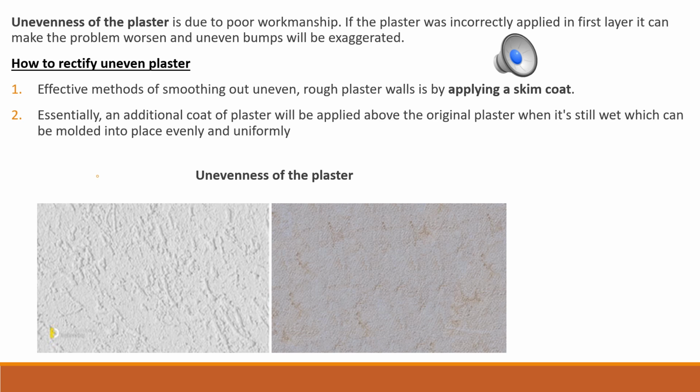For repairs, normally we fill the undulated surfaces with putty or something like that, which is not the correct way in my opinion. We have to take care that the plaster is as smooth as possible while the work is in progress. So monitoring by the site engineer and site supervisor is the most important.